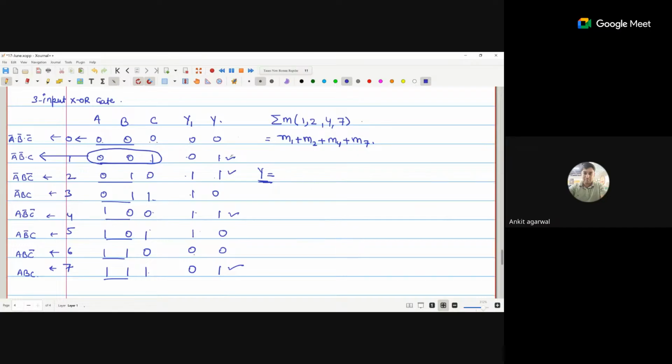That is the combination of four terms: A bar B bar C, with the summation because it is an SOP term, plus A bar B C bar, plus A B bar C bar, and A B C.